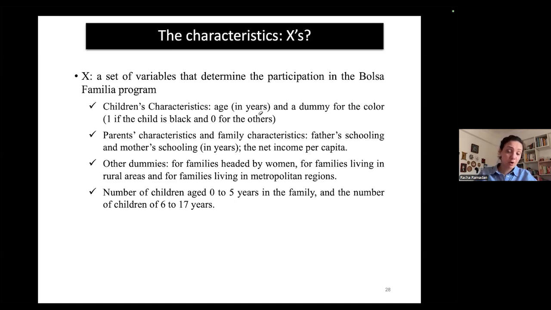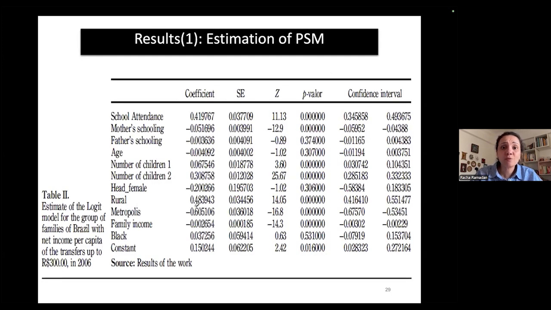As you can see, all these characteristics affect being poor, which would affect being selected into the Bolsa Familia program, but at the same time also affect the outcome variable of interest, which is the working hours by the children. So this was the first step; we will see the results after the break.